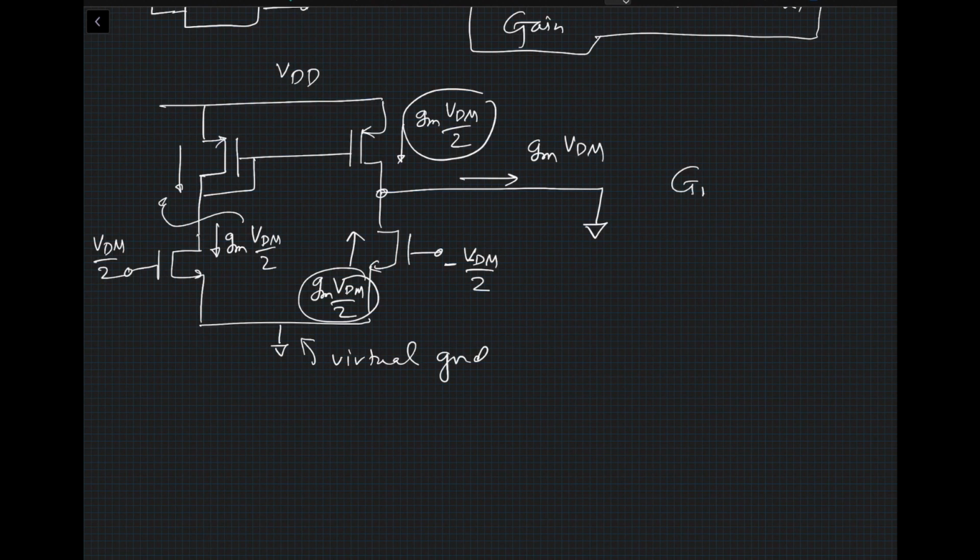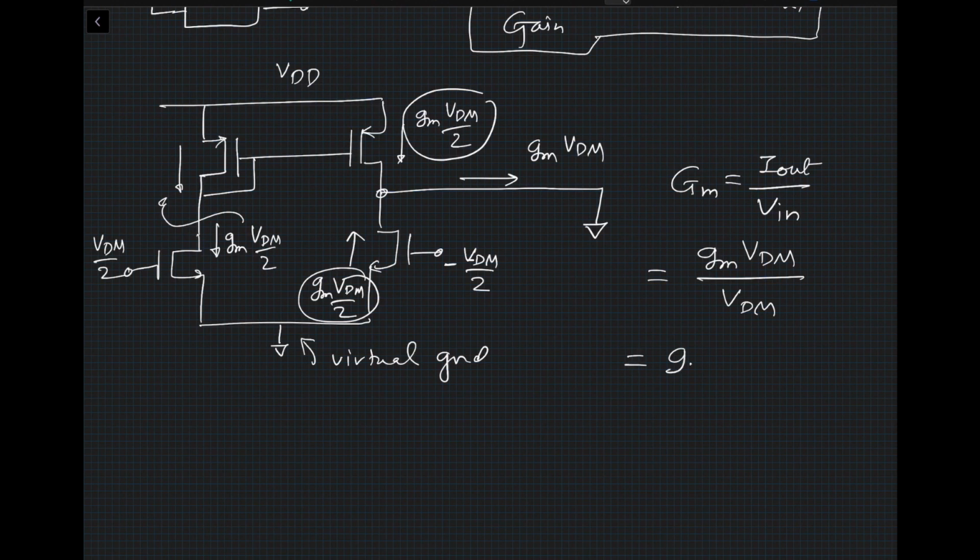Your capital GM, which is the GM of the entire circuit, is going to be I out divided by V in. That would be equal to GM VDM divided by VDM, because the applied differential voltages are plus VDM divided by 2 and minus VDM divided by 2, so the difference between them is equal to VDM.